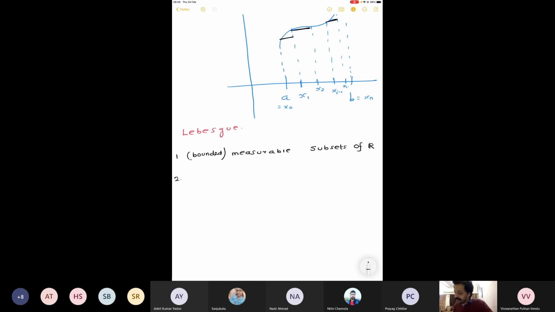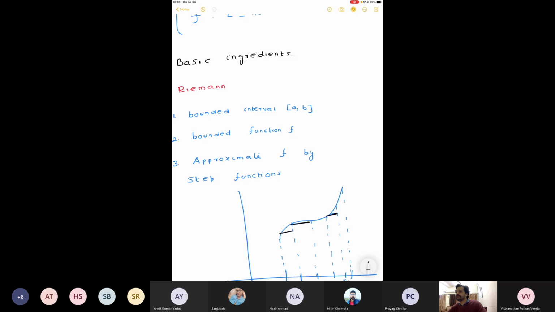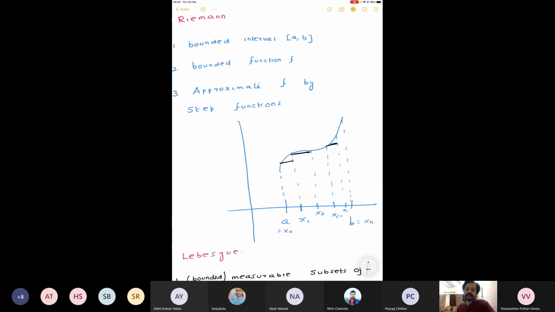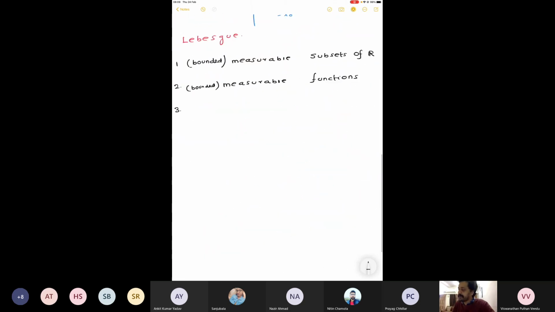And in place of a bounded function, you will have measurable functions. To start with, you may assume that the functions are bounded, bounded measurable functions. And instead of approximating the given function by a step function, we shall approximate the given measurable function by simple functions.